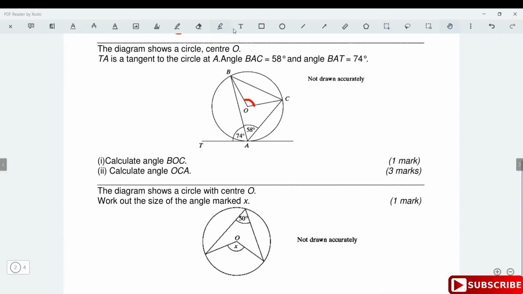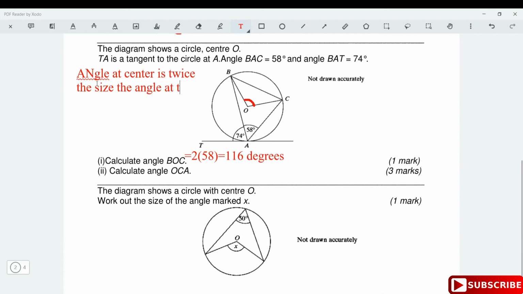So we can write that angle BOC is equal to 2 times 58 degrees, which is 116 degrees. And that is because the angle at the center is twice the size of the angle at the circumference.